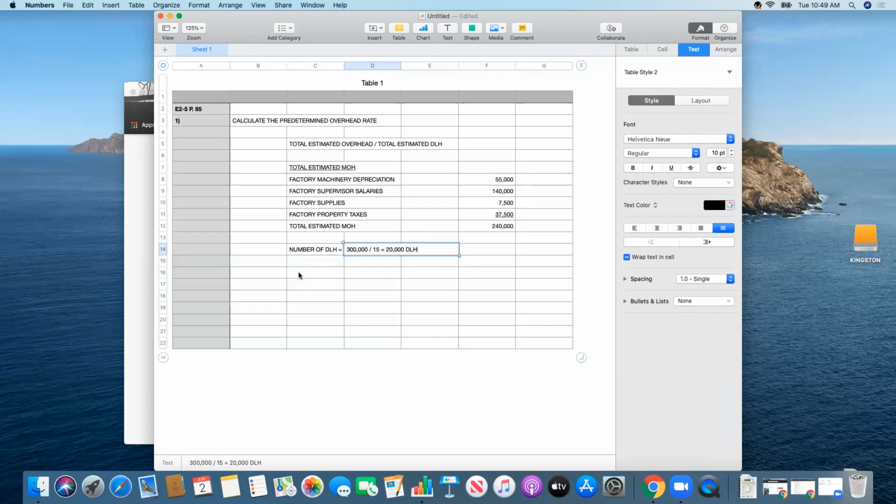Now to get the rate, we want to take this total estimated overhead and divide it by the total estimated hours. So 240,000 divided by 20,000 is $12 per direct labor hour.